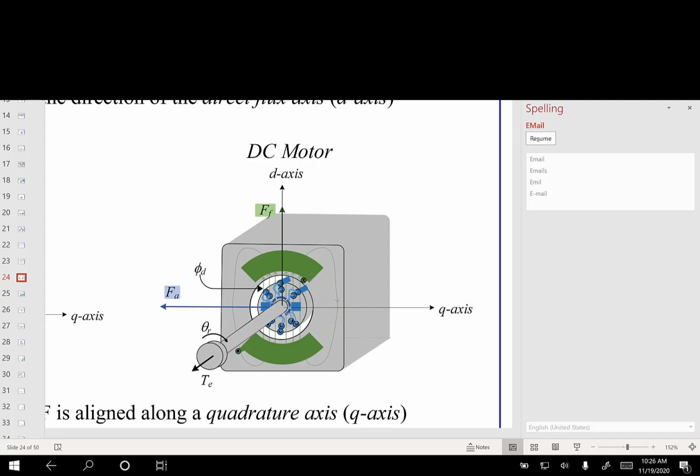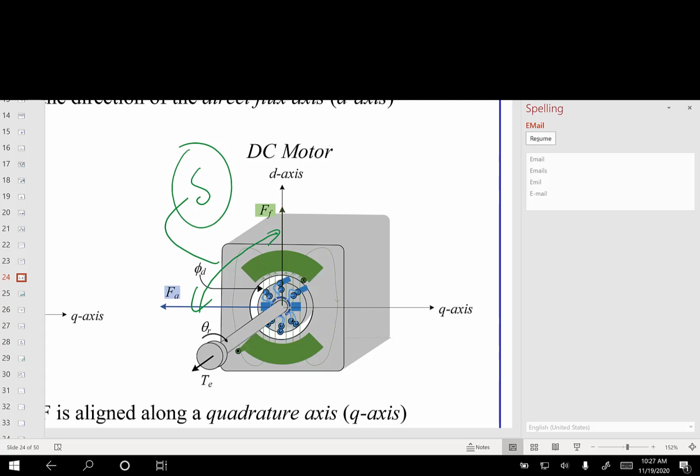That's what the commutator bars do. And so the torque production is a result of this angular difference right here. That del, that's the torque production.